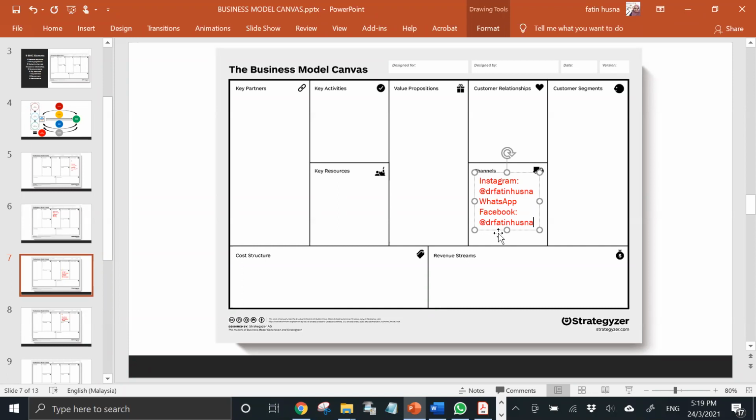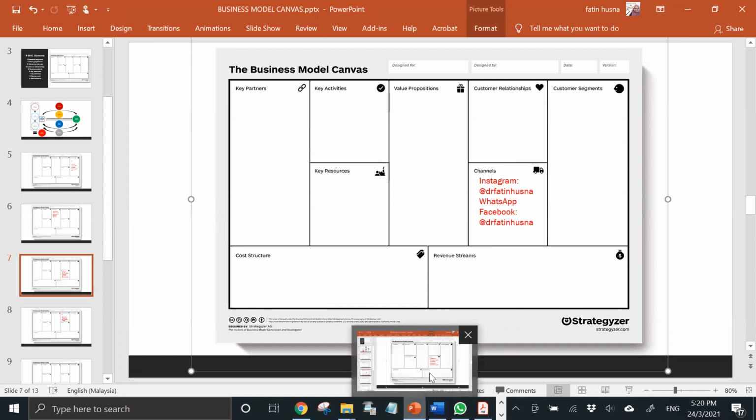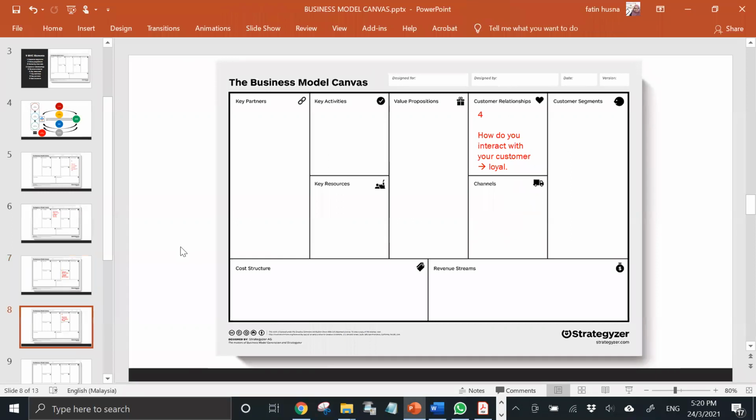You put the store name within the Grab, and also store within the Foodpanda. Okay, and then don't put any other thing. For example, you have website, you can actually put website. Okay, whatever platform that when your customer open, they can find your product there. This is channel. Okay, I'm going to show you the wrong things that your senior did. Don't do what they did.